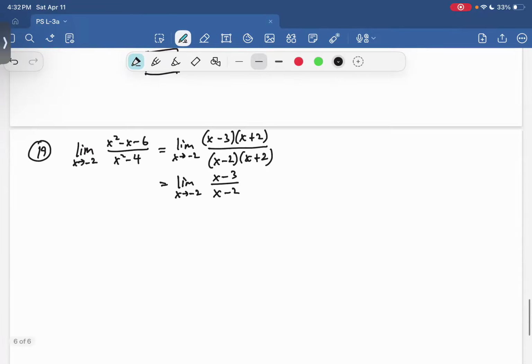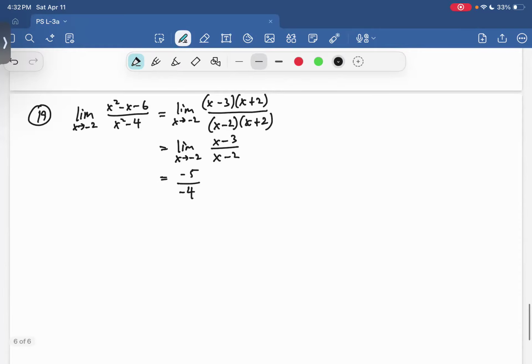And if you plug in x equals negative 2, then that yields negative 5 over negative 4, which is 5/4.